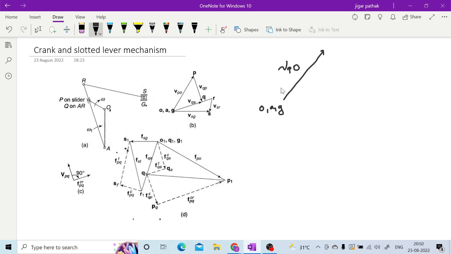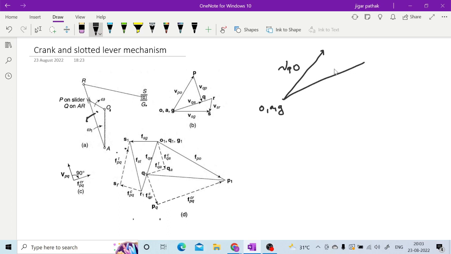Similarly, you can have an idea about the direction of this Q with respect to A. So Q with respect to A will be in the direction perpendicular to this link, so you can draw a line perpendicular to this link over here.